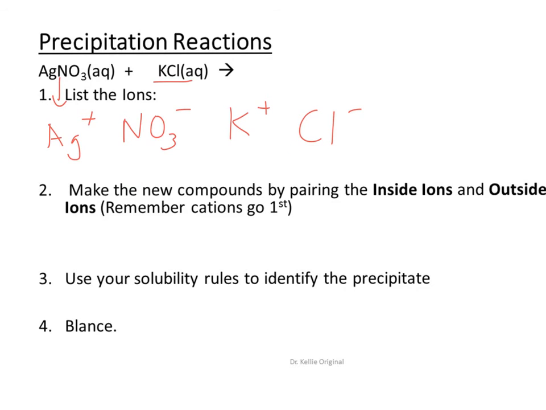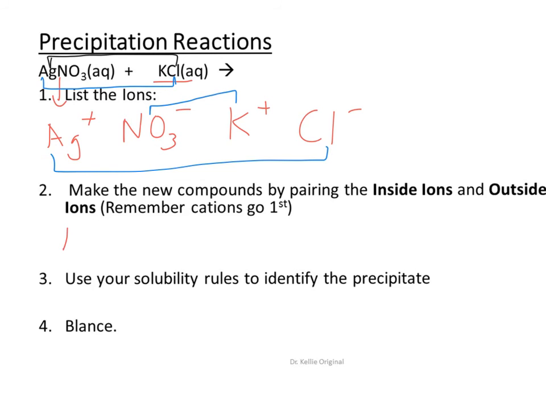The pattern that will never fail you, it will always hold, is your new compounds are going to be formed by mating your outside ions and your inside ions. Use your nomenclature rules to form your compounds.